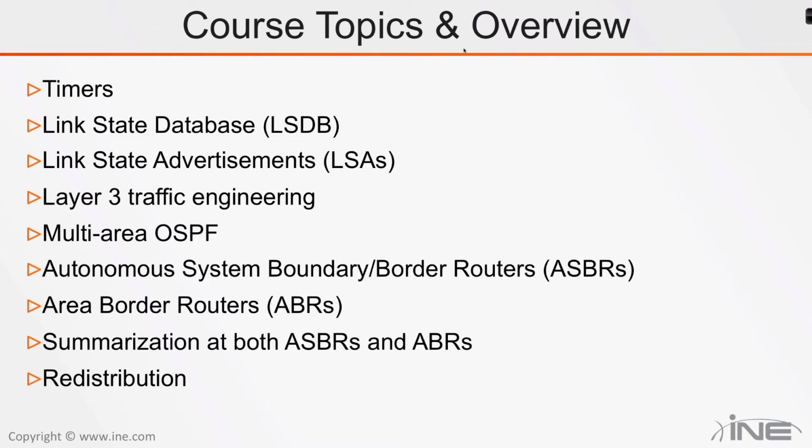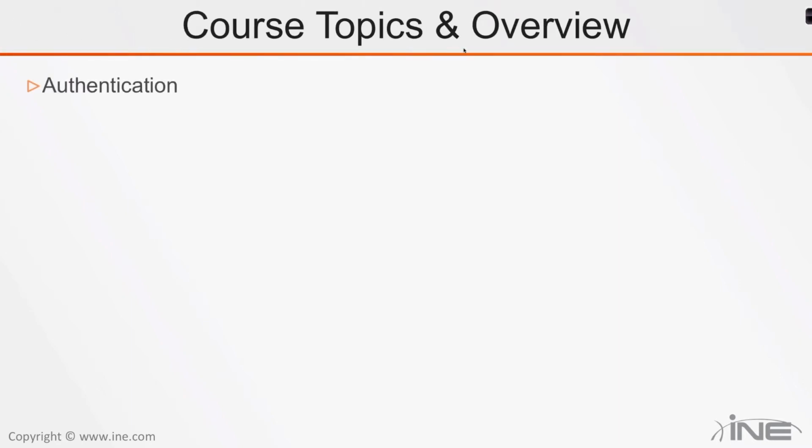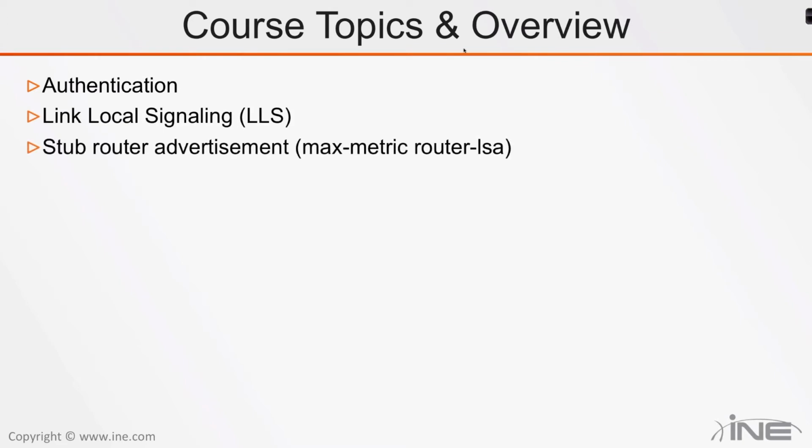How do we redistribute from OSPF into other routing protocols, and then vice versa? How do we redistribute from other routing protocols into OSPF, and what's going to be required there? So we'll definitely be talking about the OE2s and the OE1s and the N1 and the N2 types.